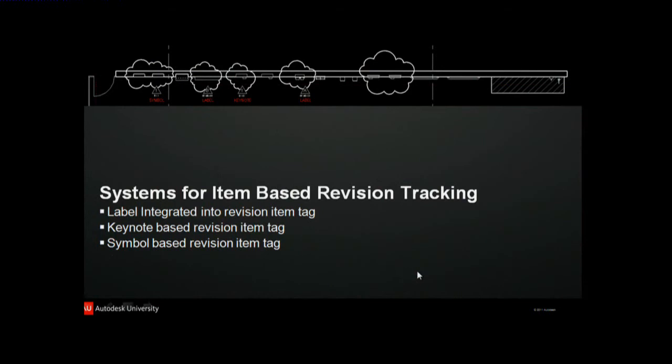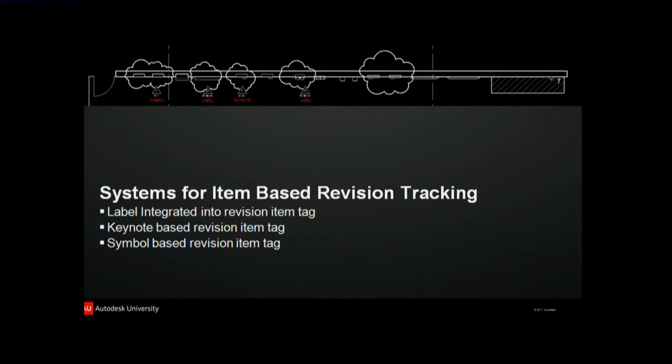I'm going to show 3 different ways for tracking individual items. A label integrated into a revision tag, and this is basically using the mark parameter that comes built into a cloud and creating a label to display what's entered into that parameter.